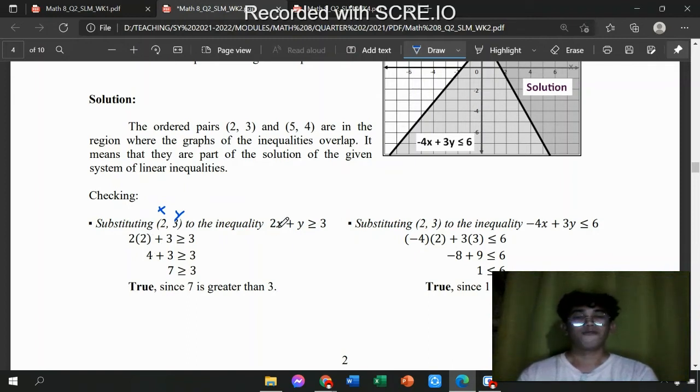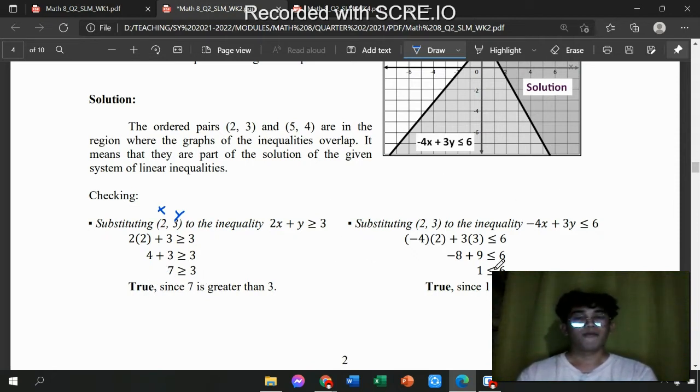So mahimo siya, ang 2x plus y is greater than or equal to 3, mahimong 2 times 2 plus 3 is greater than or equal to 3. So 2 times 2 equals 4 plus 3 is greater than or equal to 3. 4 plus 3 is 7. So 7 is greater than or equal to 3, which is true because 7 is greater than 3. Mas dako man ang 7 kaysa sa 3.